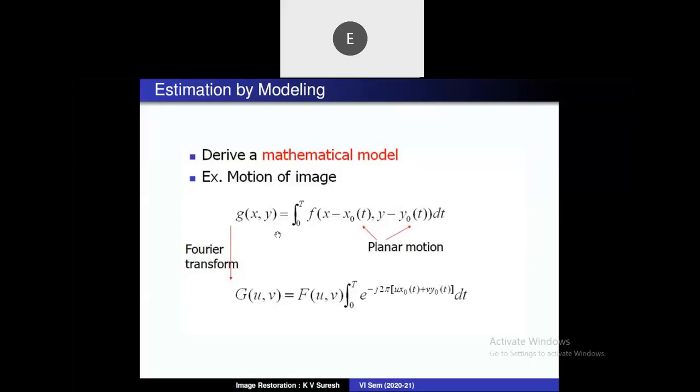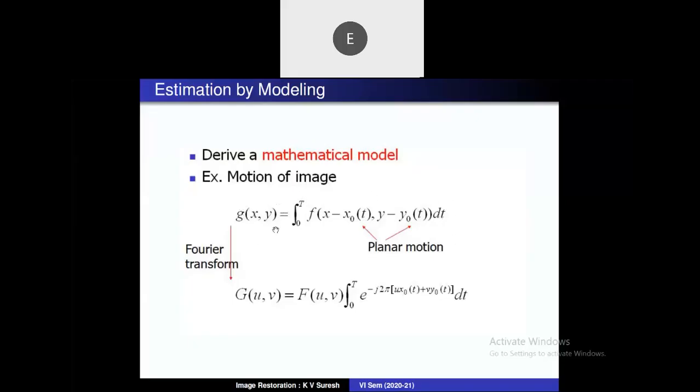It would definitely be blurred. So exposure time is very important. The lesser this exposure time, the lesser will be the blur. But there is definitely some finite value of exposure time for any camera. Within that exposure time, whatever happens, the image is going to be averaged, and that is why the image looks blurred.